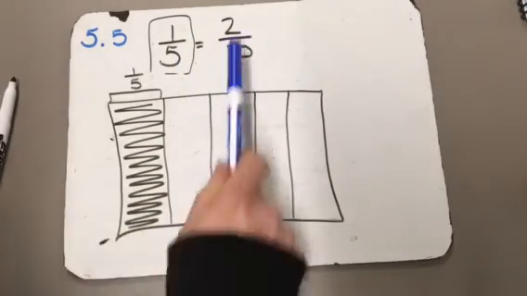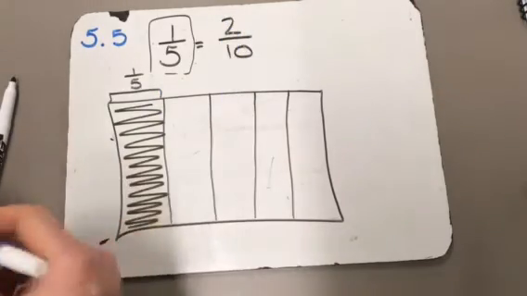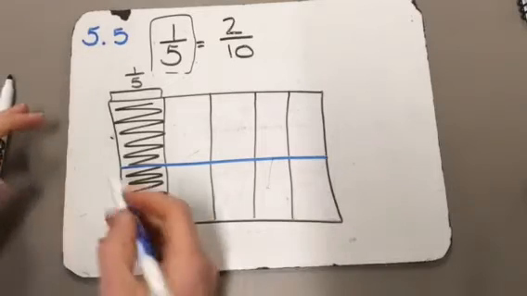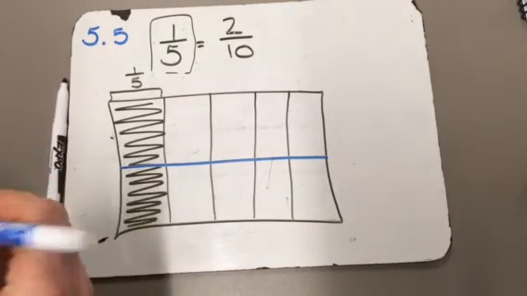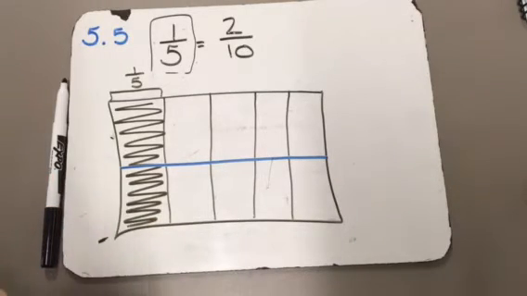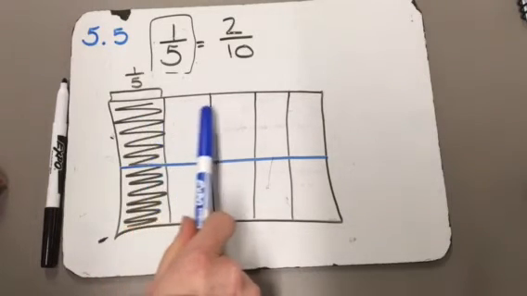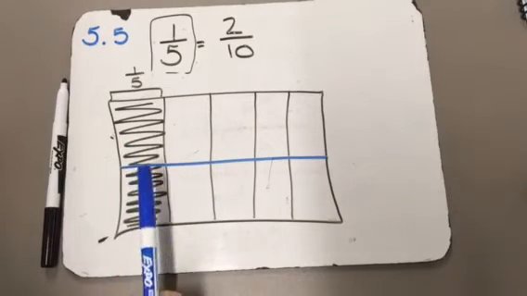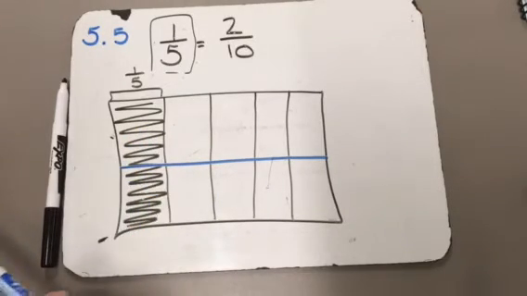So that means that I cut it in half. This 2 represents half. So if I cut this in half, do I now have 2/10? Well, let's check. 1, 2, 3, 4, 5, 6, 7, 8, 9, 10. I have 2 shaded in, and they are tenths.